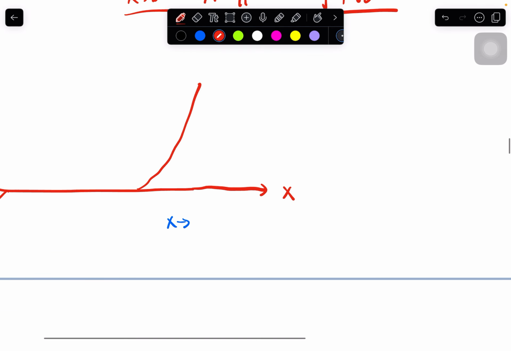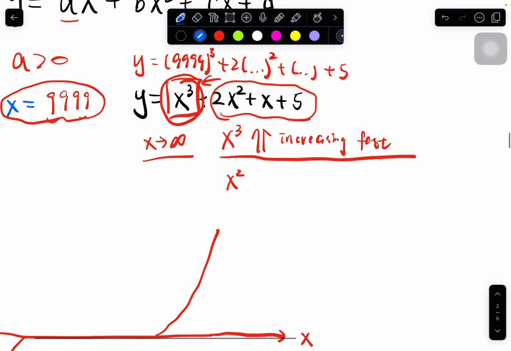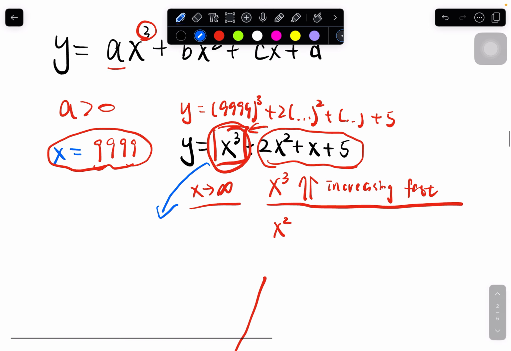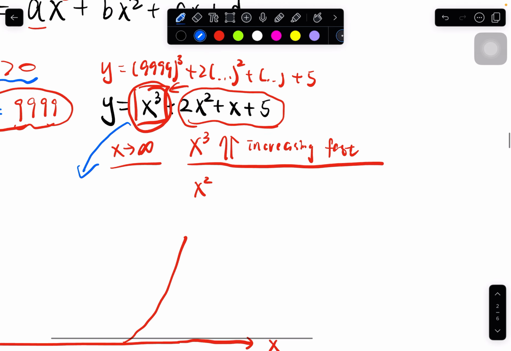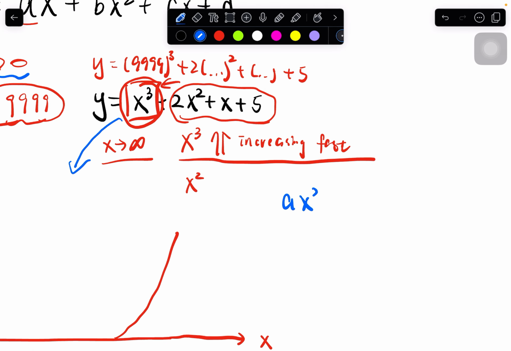So then we just need to talk about the x to the power 3. When x is a very, very big number, we just need to determine whether it's a positive number or a negative number. So when a is greater than 0 and the leading coefficient is ax cubed, here a equals 1, but a could also be 2, 3, 4 or other numbers.